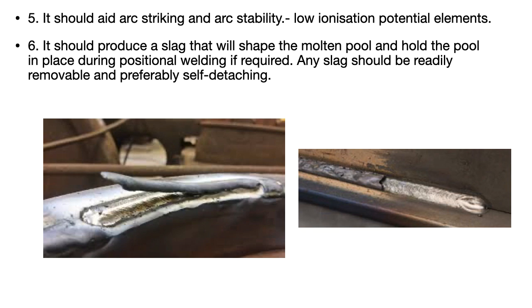The slag will ensure that the molten pool is not exposed to the atmosphere directly, both for contamination as well as for rapid cooling. So it will control the cooling rate, and it will prevent the contamination with atmospheric contaminants.